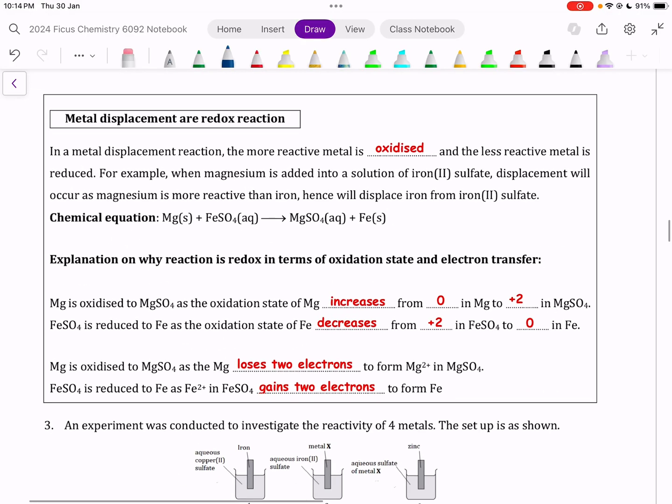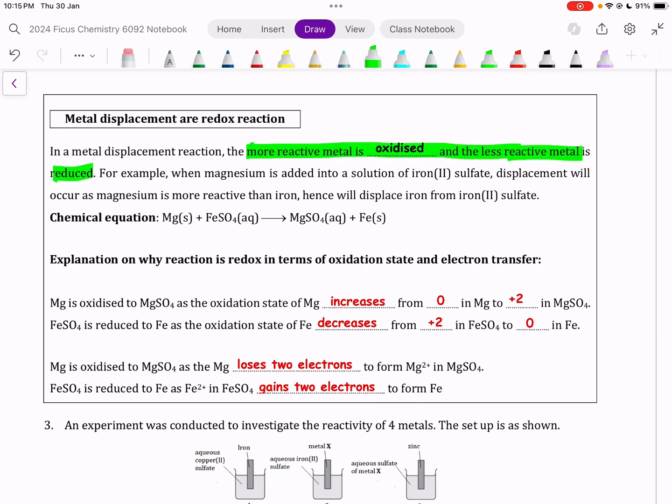So still back to redox. Metal displacement is actually a redox. So basically, the more reactive metal is oxidized and the less reactive metal is reduced, largely because it has a higher tendency to lose electrons.